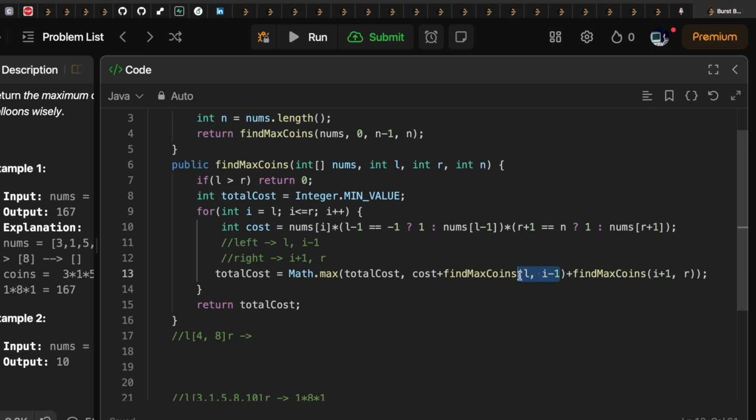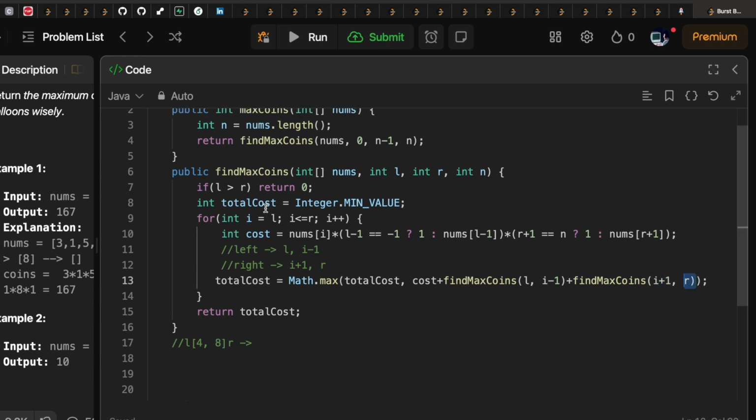This will be 0 0, and this is 1, this is 1, this will be 2, so 2 and 1.